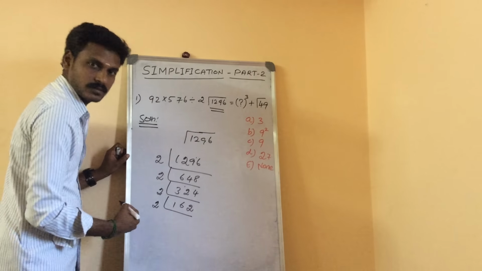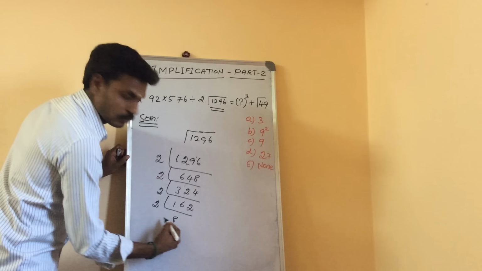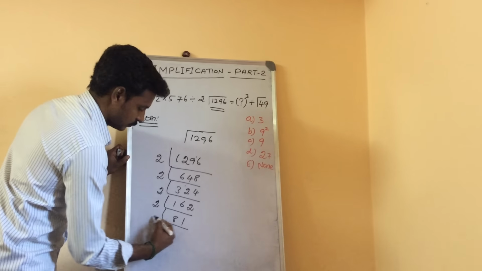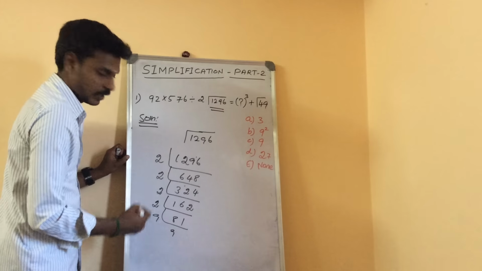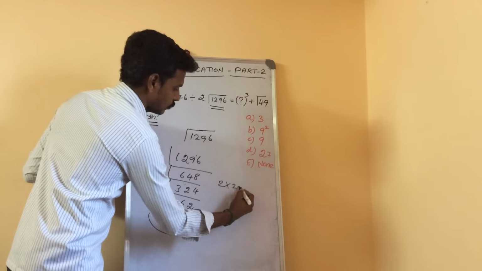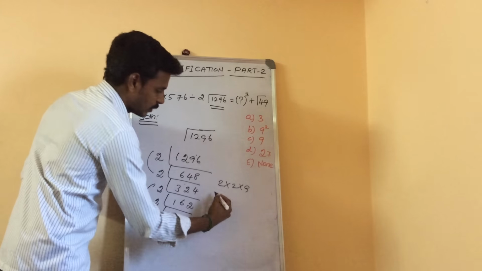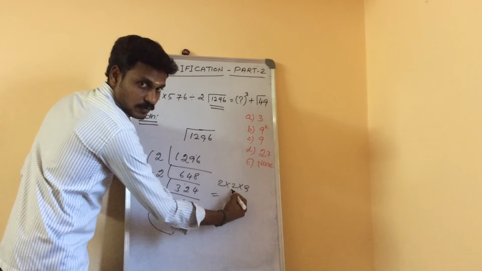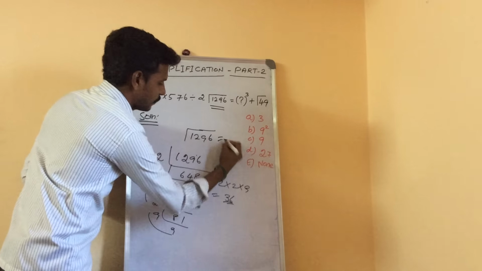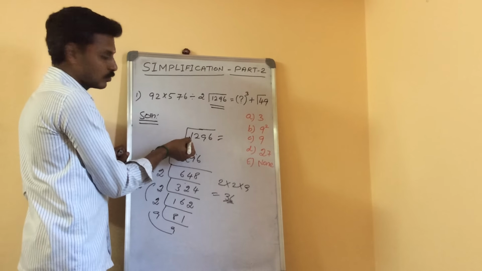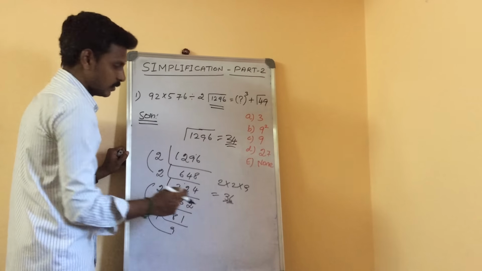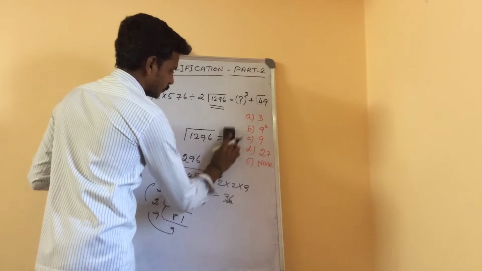Again I am going to take 2, 8 2s are 16, 1 2s are 2, 9 9. Take the 2 values. So 2 into 2 into 9. What will be the answer? 2 into 2 is 4, 9 into 4 is 36. So what will be the answer for root of 1296? 36.